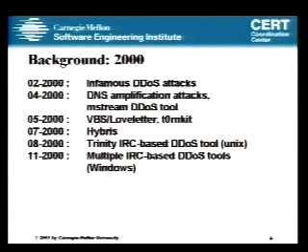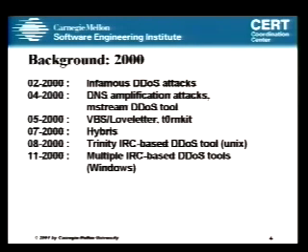Since 1999, let me provide a brief timeline. Of course, there were the infamous DDoS attacks of February 2000 that really brought broader awareness of DDoS through the mainstream media. We also saw DNS amplification attacks used pretty frequently. Various tools were developed.